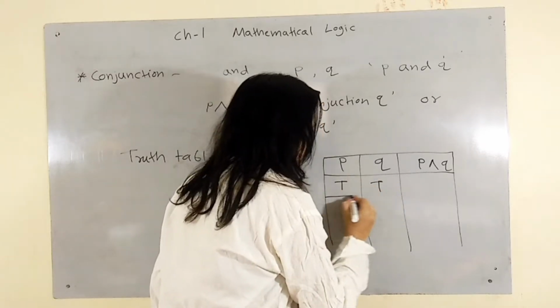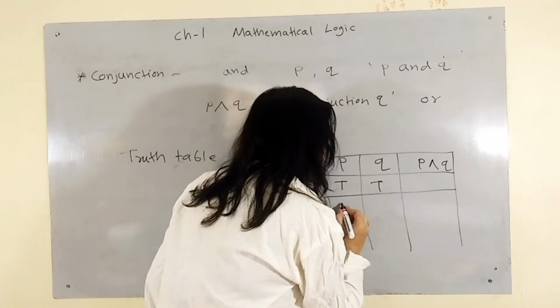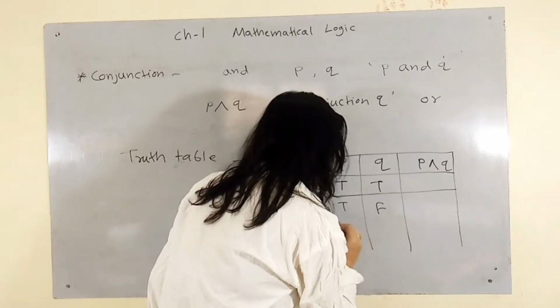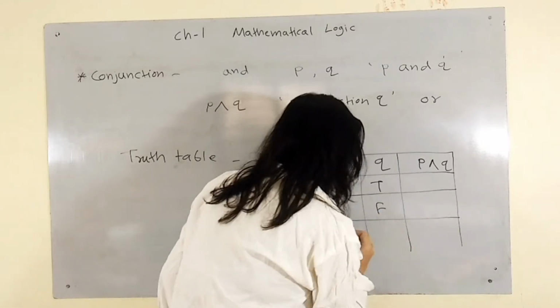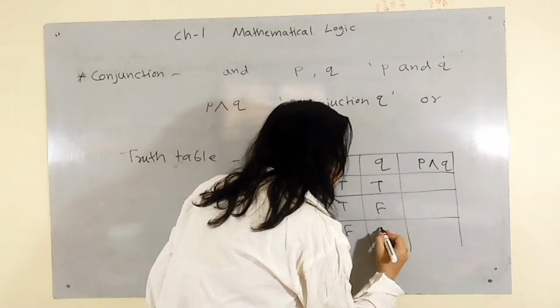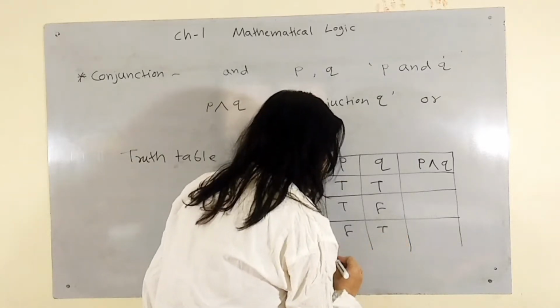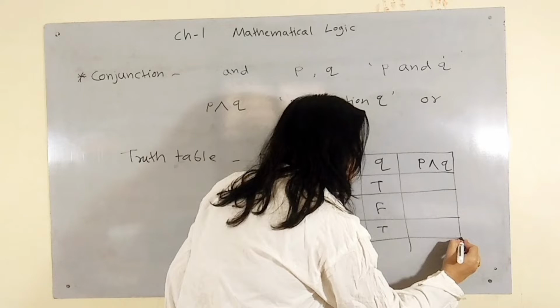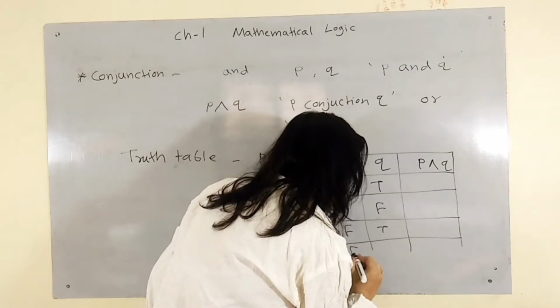First value true. Next true false. Next false true. And next false.